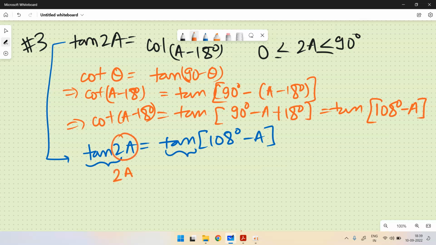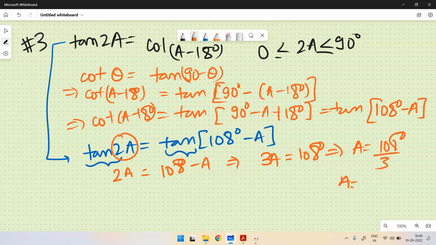So 2a is equal to 108 degree minus a. From here, 3a equals 108 degree, which implies that a is 108 degree divided by 3. 3 times 3 is 9, 3 times 6 is 18. The value of a is 36 degree.